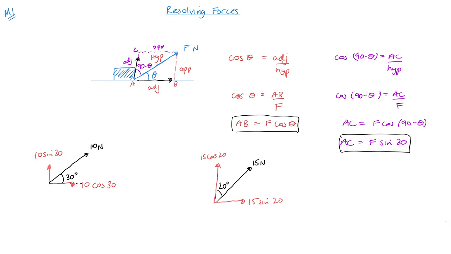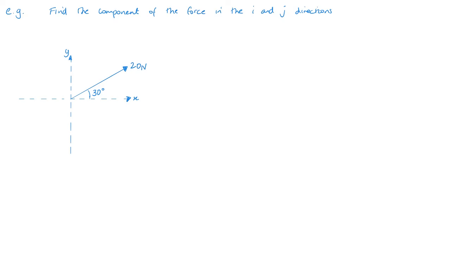Okay. So let's look at this in practice with some examples. Hopefully it'll all start making sense by the time we go through the examples. So find the component of the force in the I and J directions. So the I direction is this horizontal one and the J direction is this vertical one.